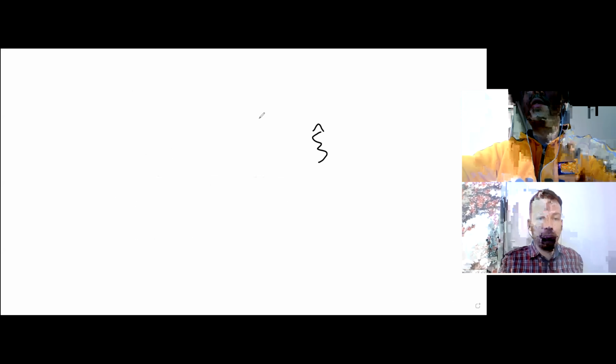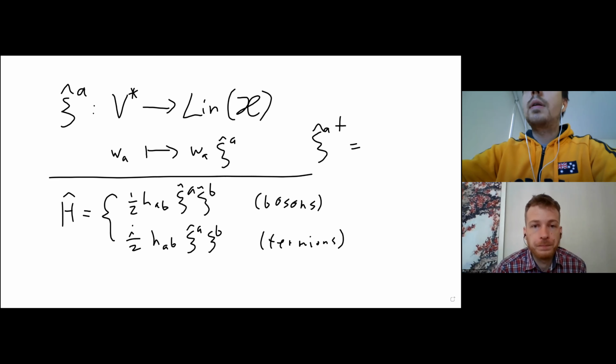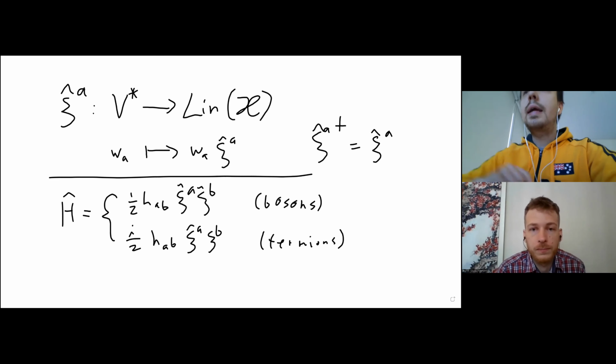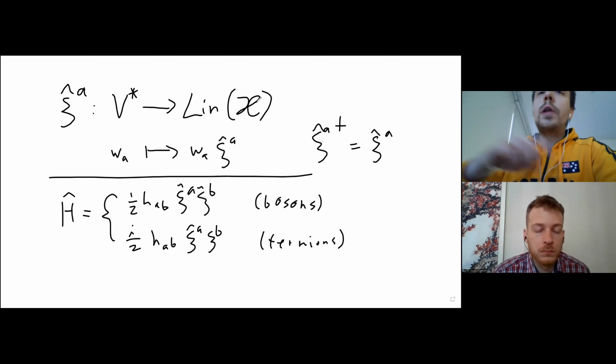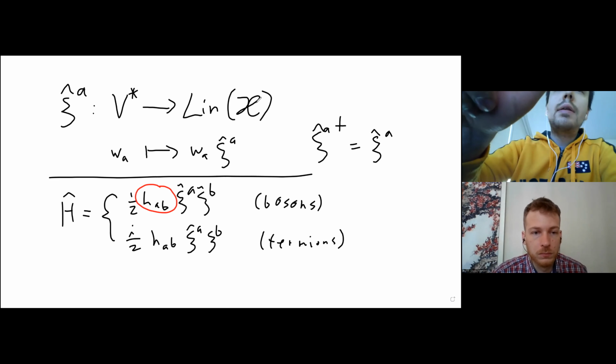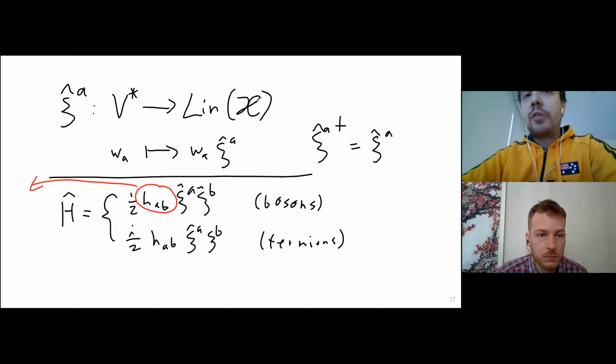Which means, of course, that emission is psi A, and the dagger is psi A dagger. With that, one can show that, apart from an overall constant that we can just set to 0, for the bosonic part only the symmetric part of H_AB matters.